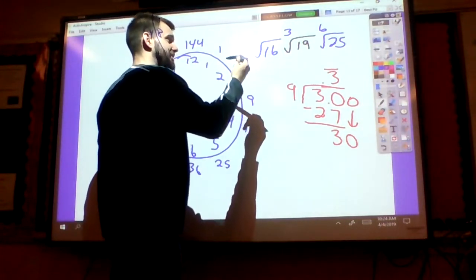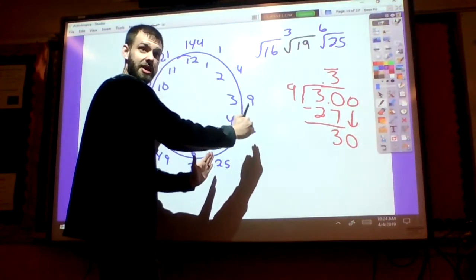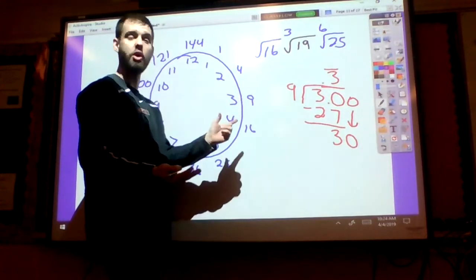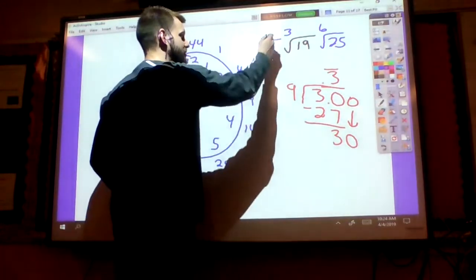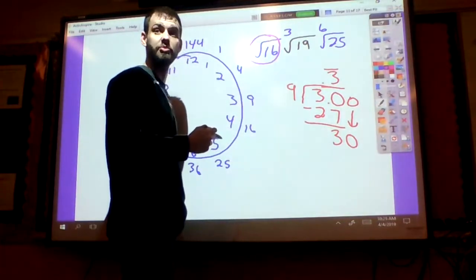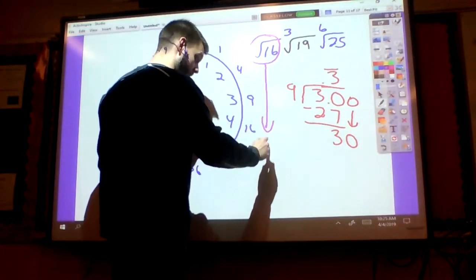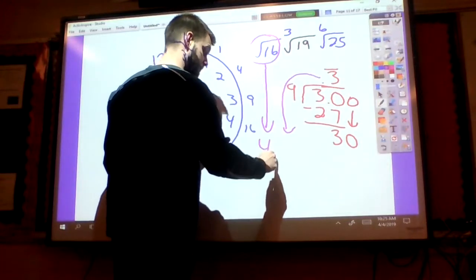So we said at the beginning that 19 was going to be in between 4 and 5, right? So 4 point something. So we should know already that this is going to be 4.3. But if we can't remember that, we can use our first perfect square that we wrote down. The square root of 16 is 4. So that's where we get our whole number from. And the decimal comes from our long division.